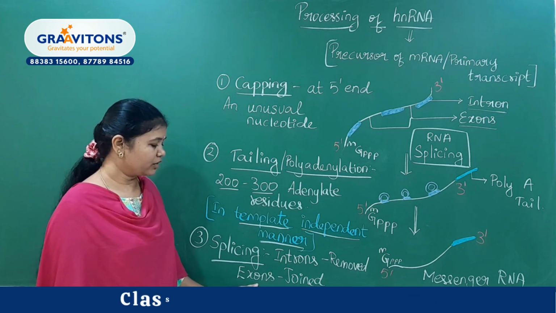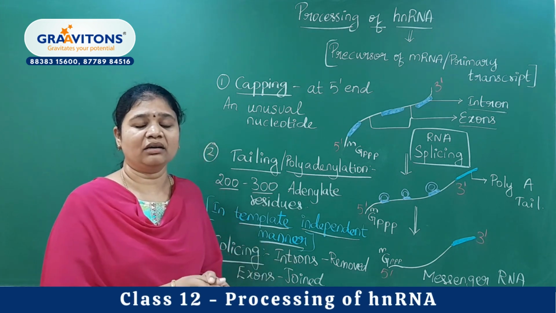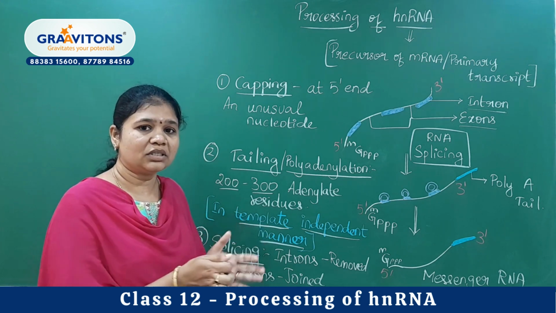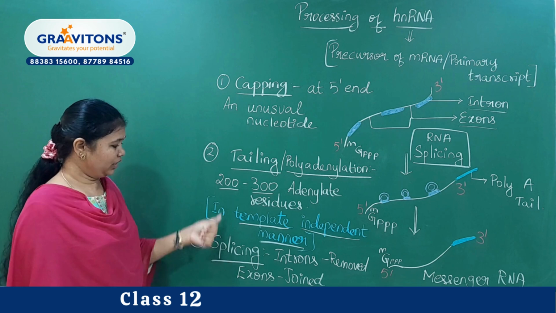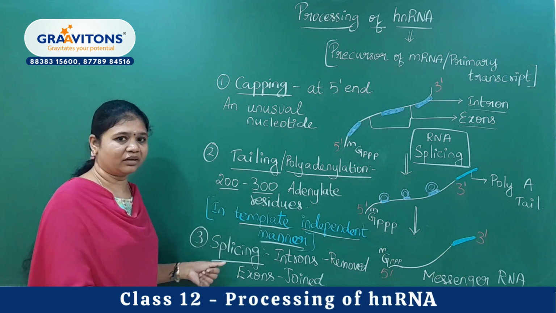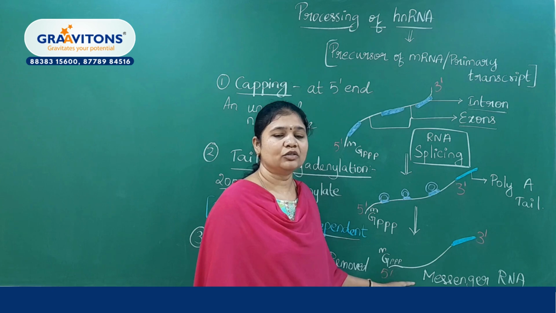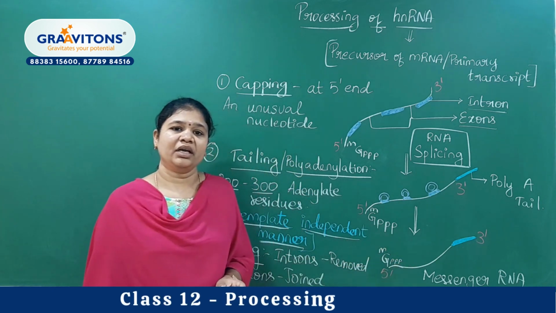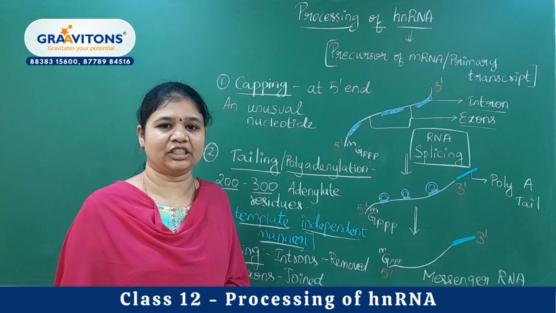The exons will be joined in a defined, orderly manner. This process is known as splicing. When all these three steps are completed, we will obtain our mature mRNA. The fully processed mRNA will be formed only after processing of the hnRNA.